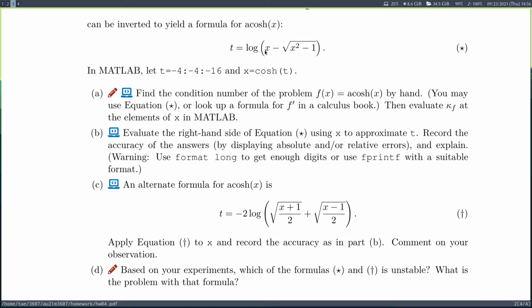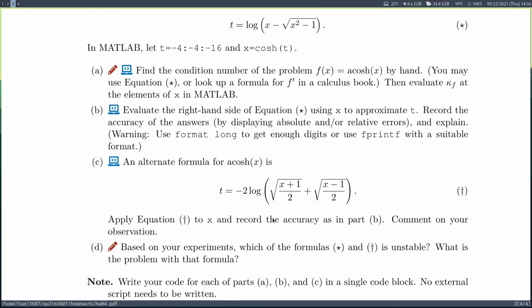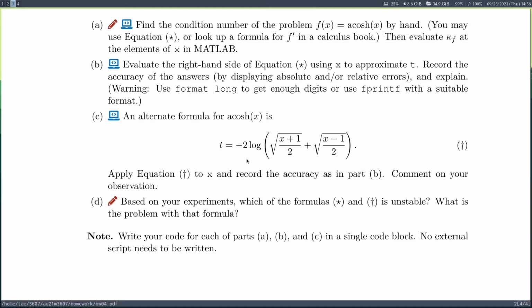I explained to you why the first suffers from catastrophic cancellation when you calculate it using MATLAB. This alternately suggested formula will not suffer from such a thing because we are not going to have catastrophic cancellation even if x is very large. I'm going to just show you where this formula is coming from, and we'll call it a day.